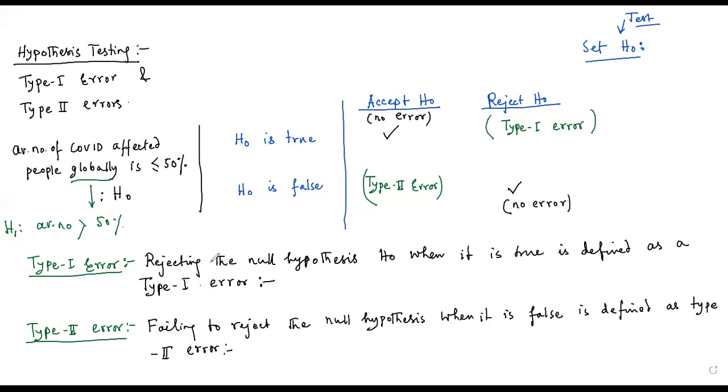One is type 1 error: rejecting the null hypothesis H naught when it is actually true is defined as a type 1 error. But here you carefully observe the word I have actually used.